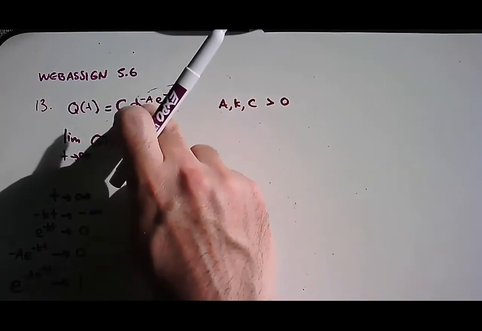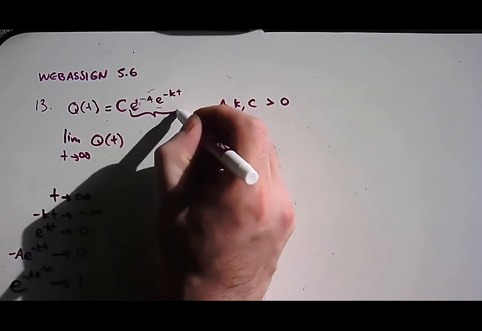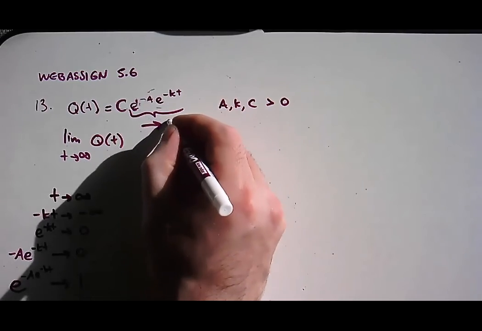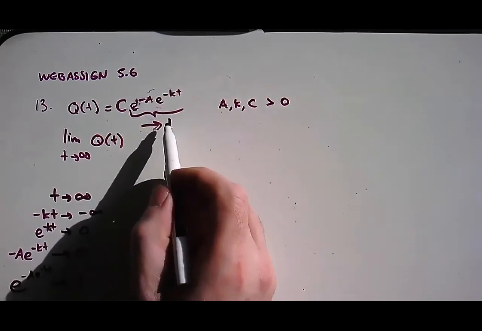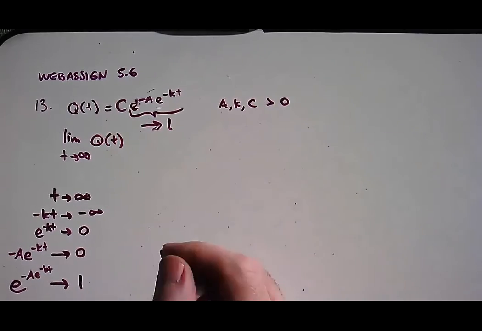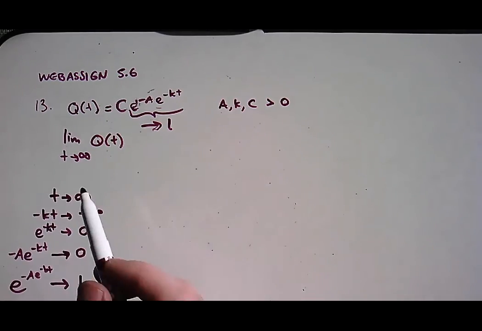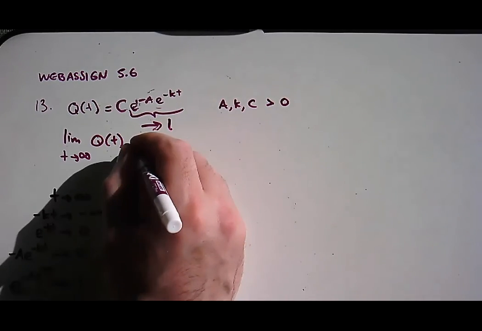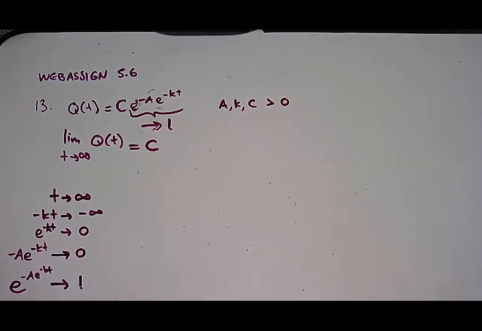So we figured out that this whole part here, minus the c, is going to approach the number 1. And so if we have something approaching 1 multiplied by c, then the limit of our function should equal 1 times c. And so the limit of our function q of t, as t approaches infinity, is c.